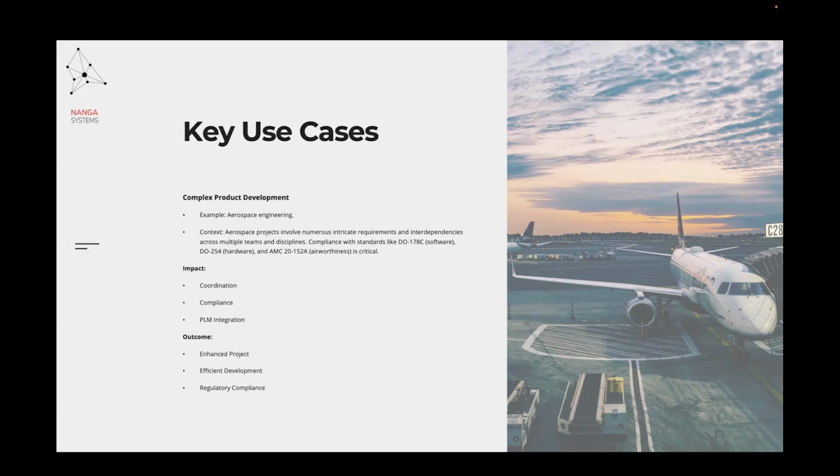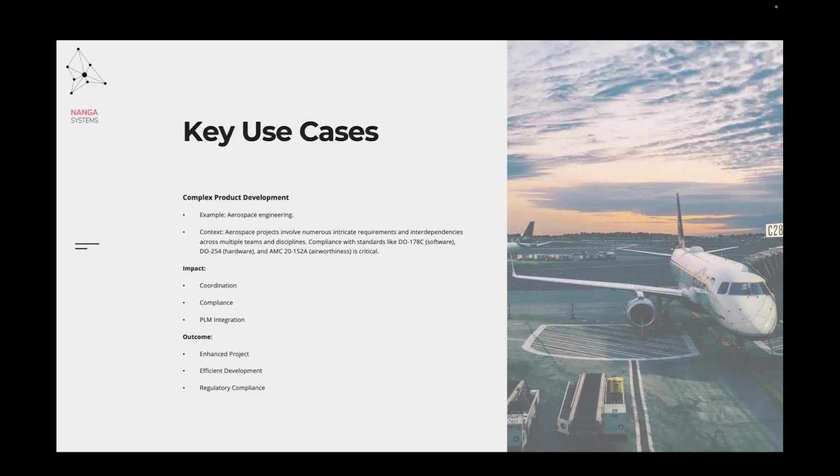And as we've seen earlier, in the case of other regulated industries, also in this case, there are various standards in place that product developers have to comply with. For example, DO-178C for software, DO-254 for hardware, and AMC 25.1309 for airworthiness. These are all critical standards.